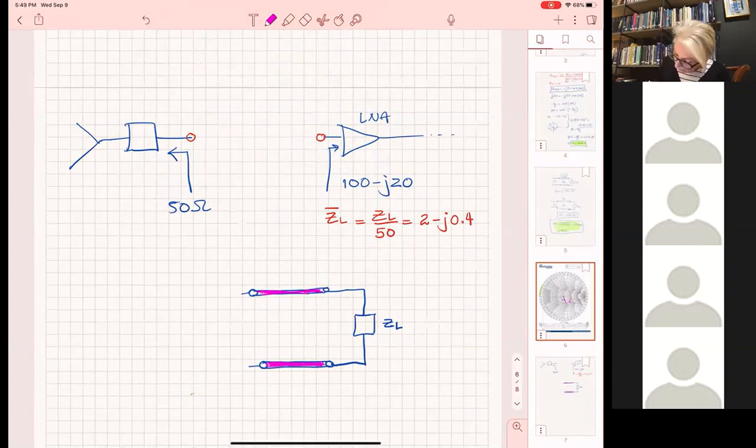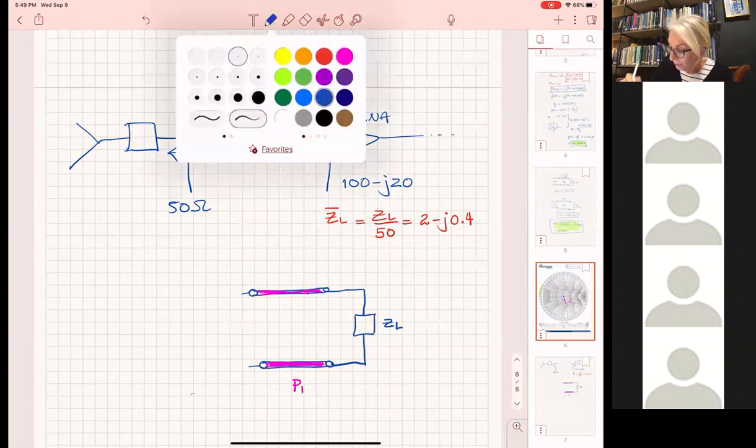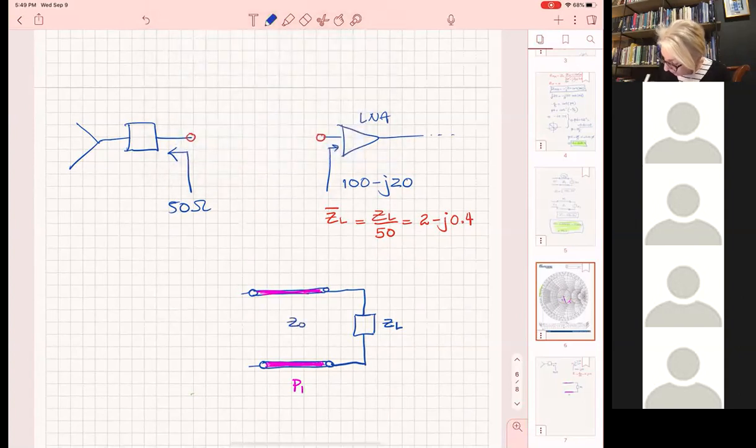So this is going to be path P1. And this transmission line, since everything is normalized to Z naught, obviously we expect it, wherever you get transmission lines on the Smith chart, you expect them to have a characteristic impedance of Z naught. So the only thing we need to find is the length of this line, L. Now, how are we going to find the length of this line?